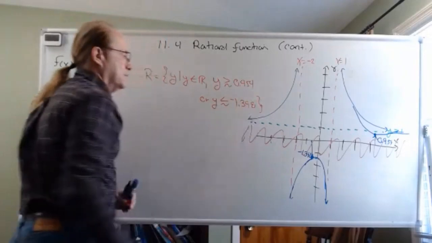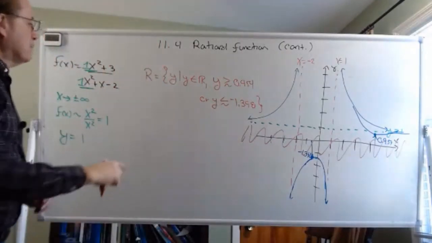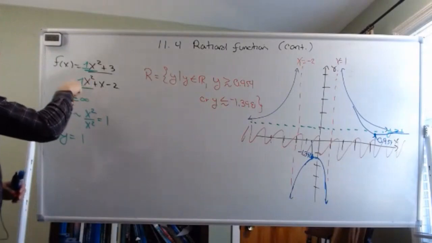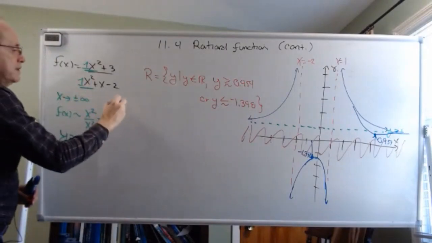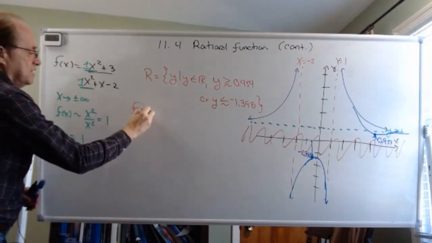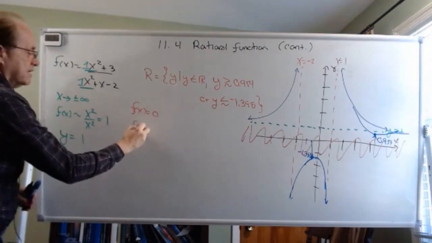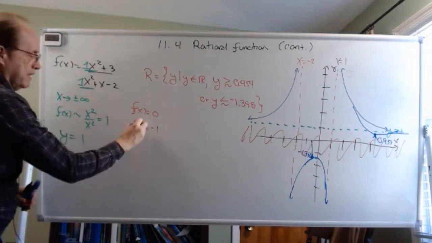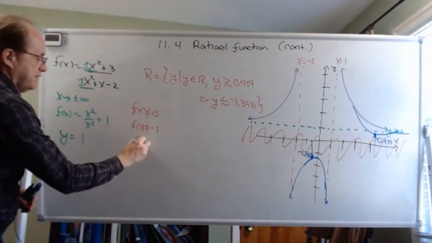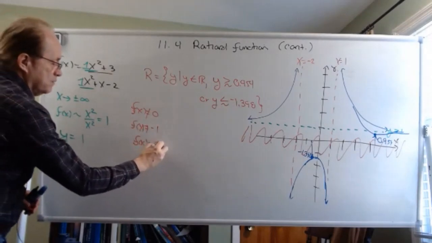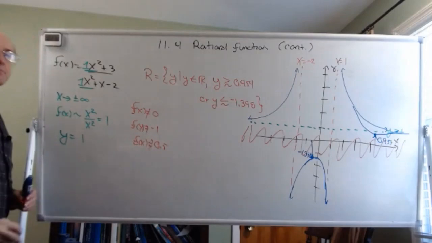It's an approximation that we get. No matter what I plug in here, I will never get f of x equal to 0. I'll never get f of x equal to negative 1. That will never happen. I'll never get f of x equal to 0.5. Those will never happen.